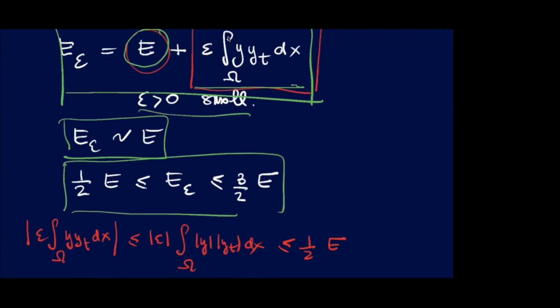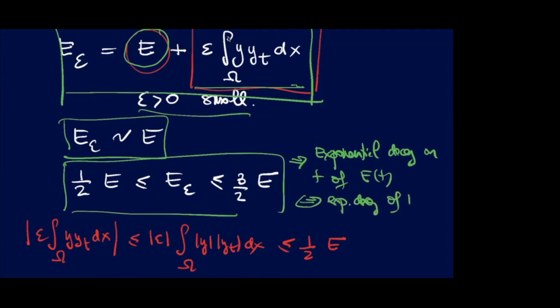And because this is true, you can guarantee that the exponential decay on t of E(t) is completely equivalent to the exponential decay of E epsilon(t) on t. Both of them are completely equivalent. So if I prove the exponential decay of E epsilon, I am done.